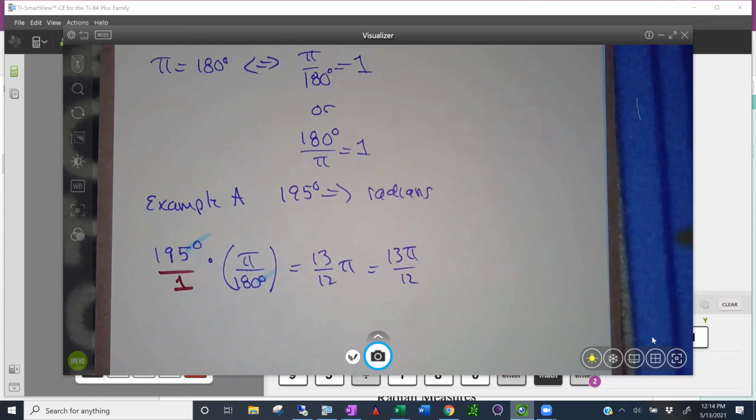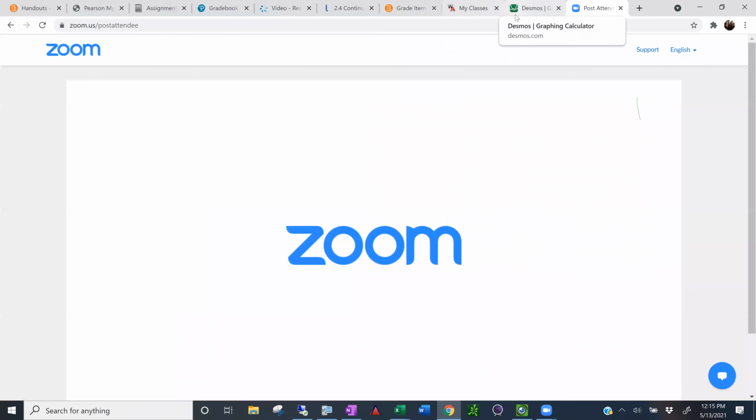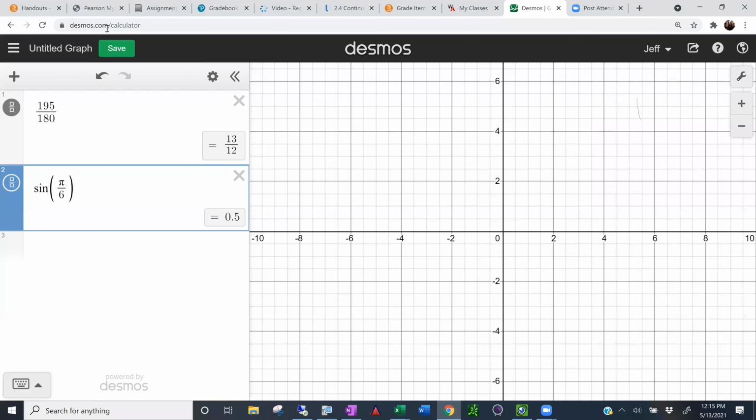If you don't have access to a nice graphing calculator with this feature on it, then you can do the same kind of thing in Desmos. So it's just desmos.com/calculator. It'll ask you to sign in or something like that. But let's take a look here.